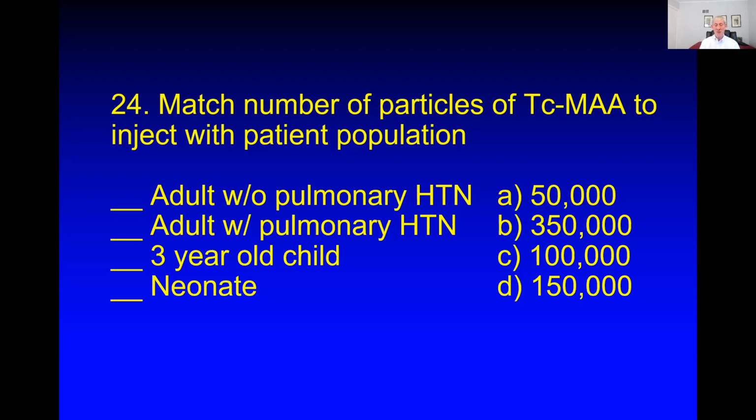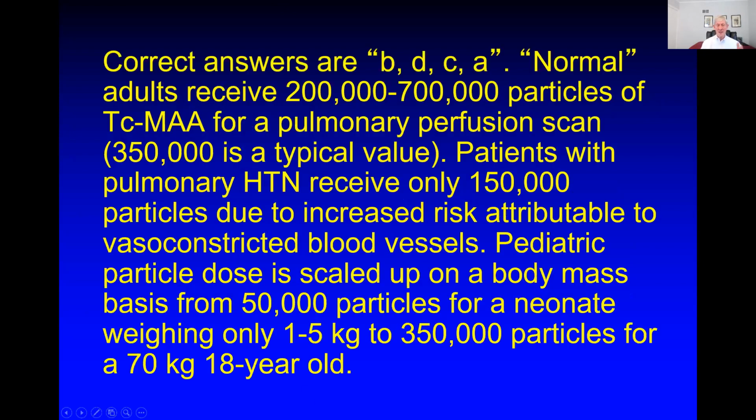If you go below 150,000 particles, you can get a blotchy looking scan that looks like COPD. On the other hand, if you go significantly above 150,000 particles, you can compromise the patient's safety by occluding too many blood vessels because vasoconstriction is going on. So that would be your answer. And here's a lengthy explanation of it. When you're reviewing for your exam, you'll have this in your lecture notes.